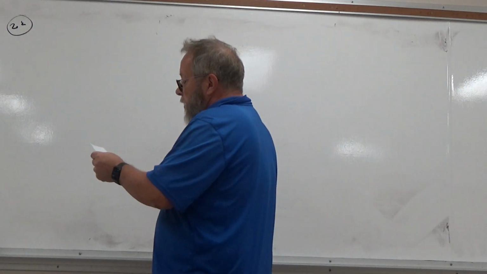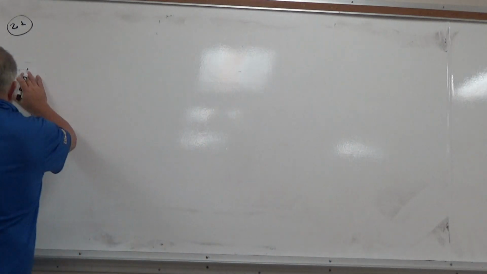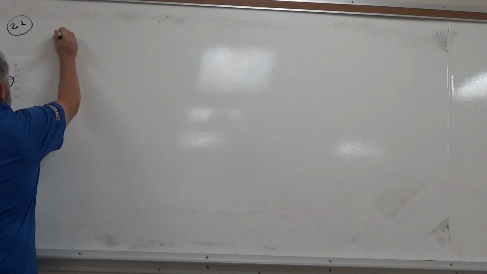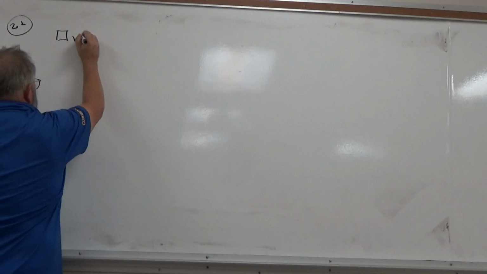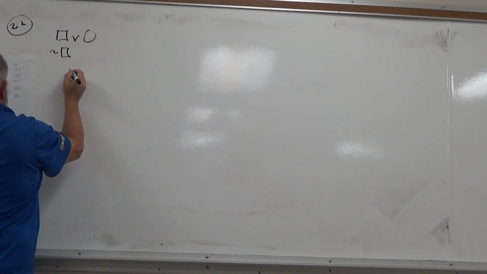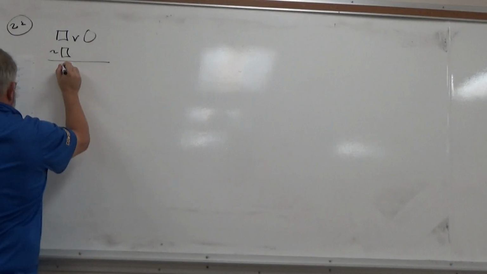So I'm on 2.2, that's page 209 in the text, and we're doing substitution instances. I'll do the odd problems and leave the even ones for you to do. So I'm on problem number 3, and we have the argument form: box or circle, not box, and then circle.